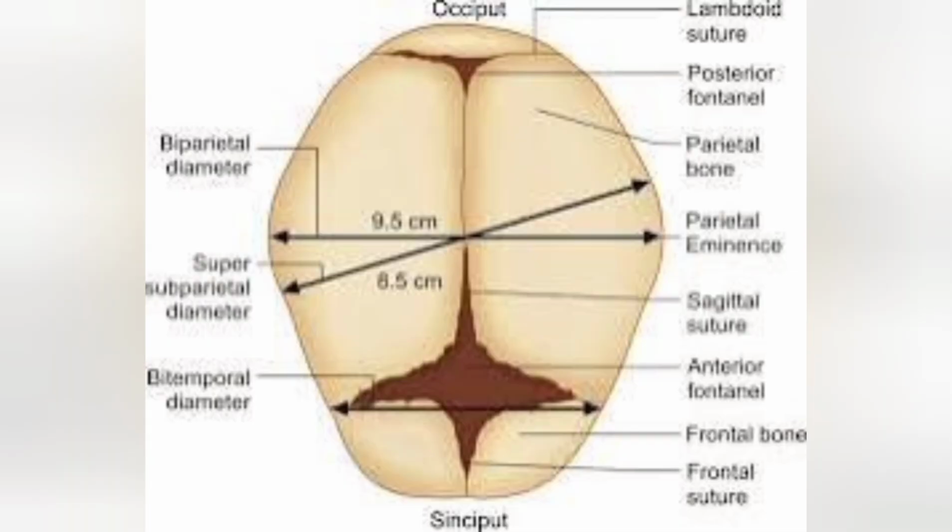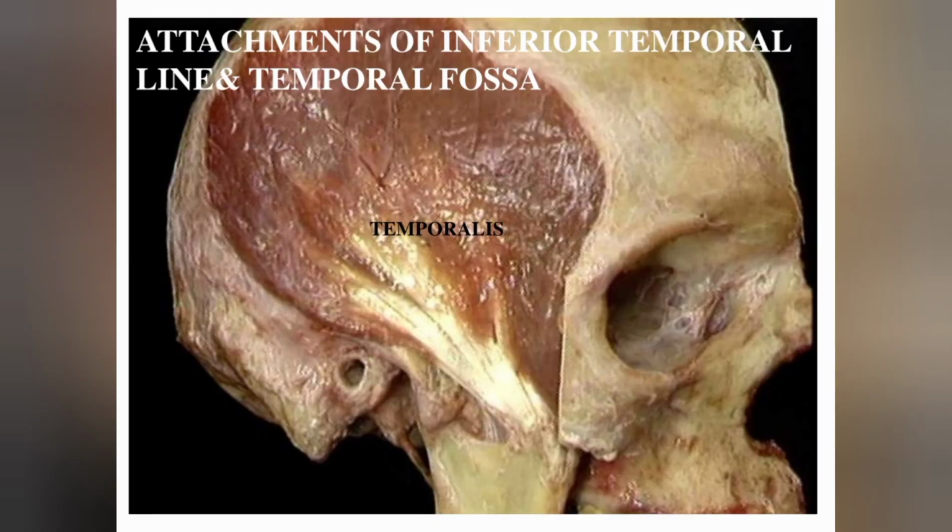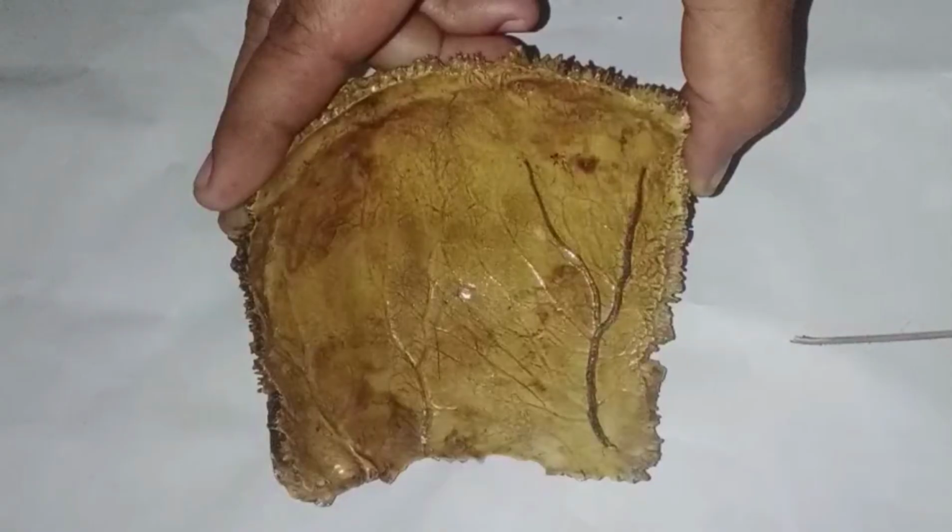The importance of the parietal eminence is that the maximum transverse diameter of the skull is present from one eminence to the other. It is the region where the upper end of the posterior ramus of the lateral sulcus is present. In this region, the cerebrum has the centers of written and printed words. The external surface below the temporal line forms the temporal fossa, where the origin of the temporalis muscle is observed.